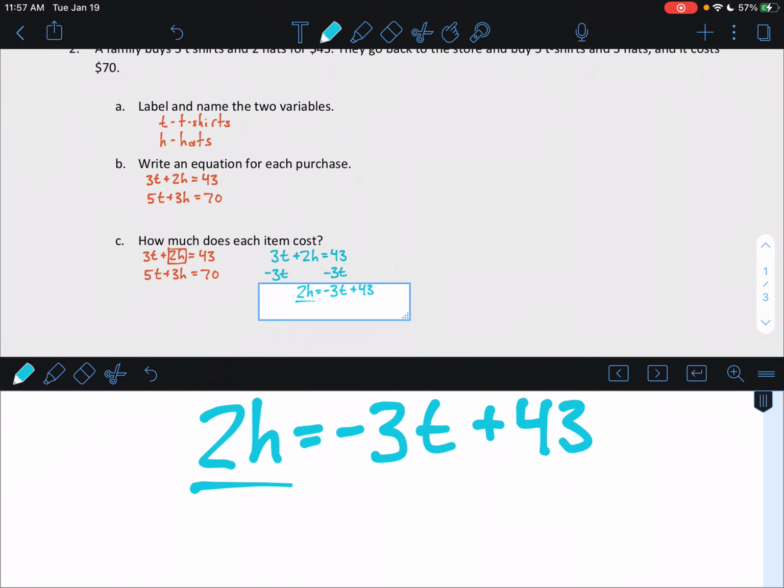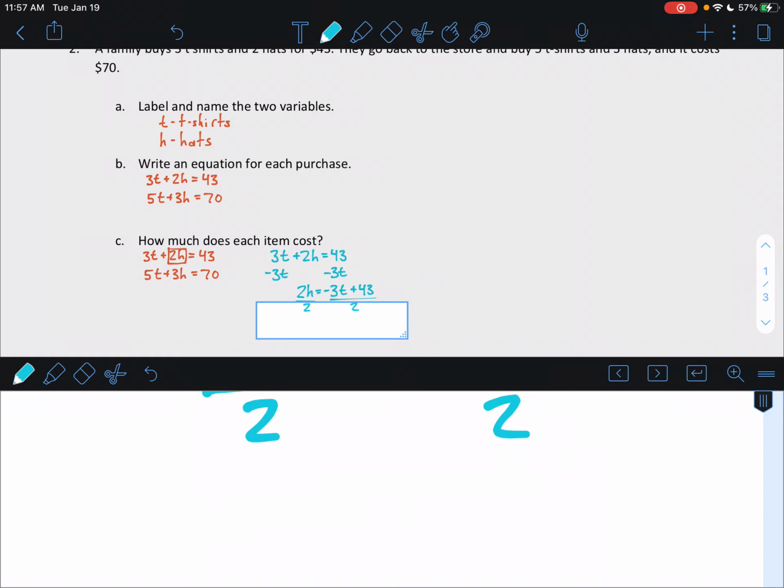And then I'm going to divide both sides by 2. So I'm going to have h equals negative 3/2 t plus 43 over 2.